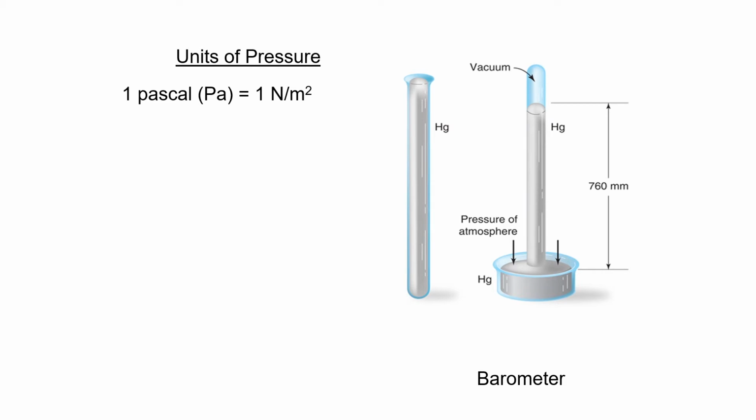It didn't spill all the way out. And what he figured was that the atmosphere was pressuring the mercury on the outside and thus preventing the column of mercury inside the tube from spilling out. He measured the height of that column and came up with, at sea level, the column was 760 millimeters.